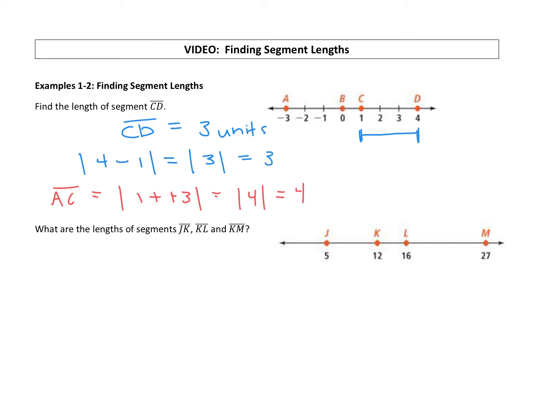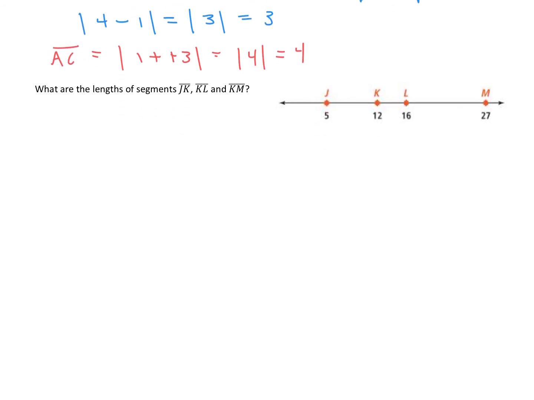So AC, from here to here, has a length of 4. Now, when every single point or number on a number line is written out for you, that's a little bit easier to just count them up. On this next example, using that absolute value, finding the distance by subtracting is a little bit more helpful for us.